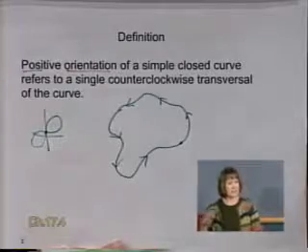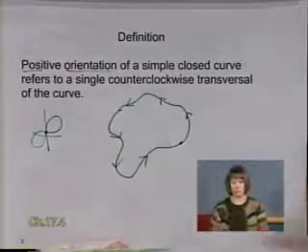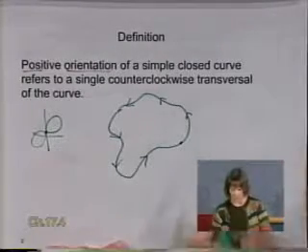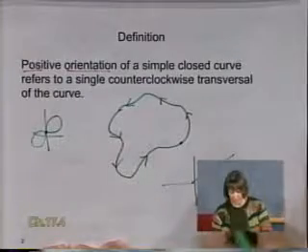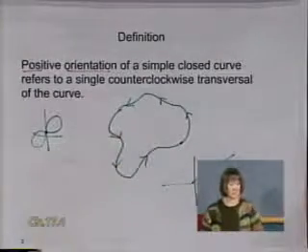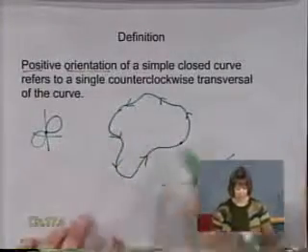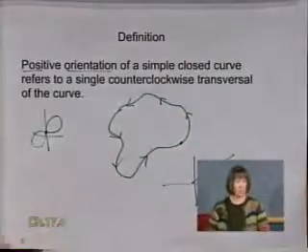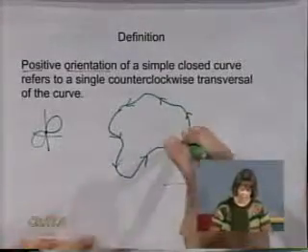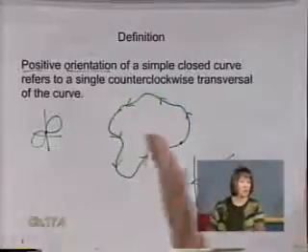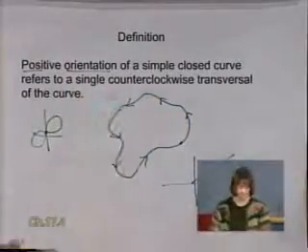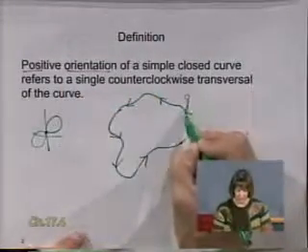You use that concept when you were talking about angles being positively oriented when they were in standard position. When you measured an angle this way, we considered that the positive rotation. So it's the same thing. But you've got to be going in a counterclockwise direction. The way I look at it is if I have a little guy walking around the curve, the region always has to be to his left. I prefer that definition myself.